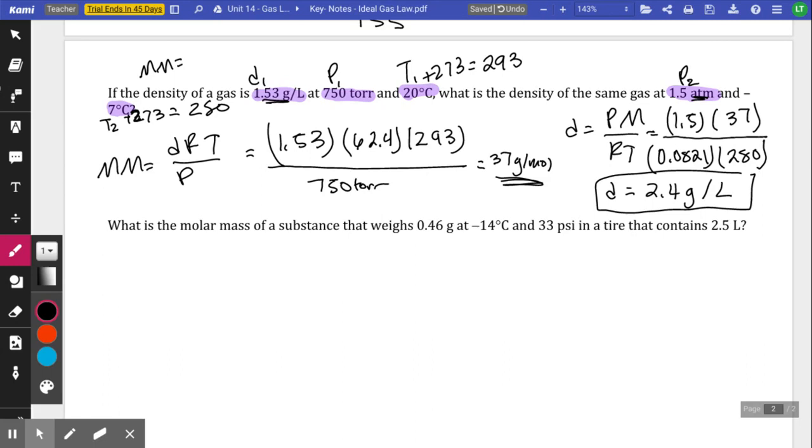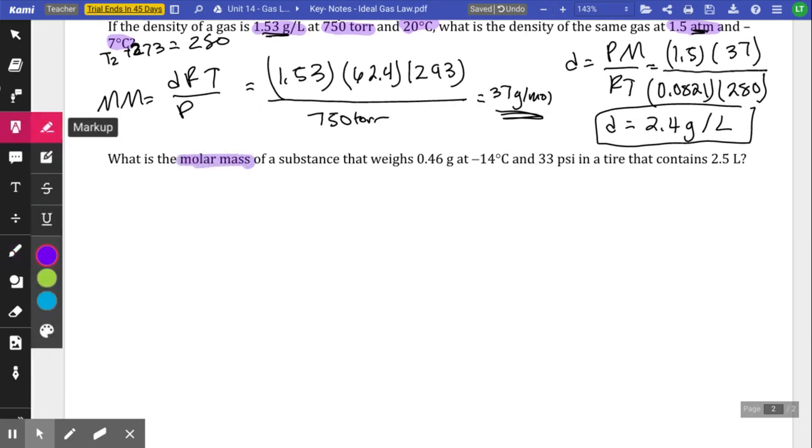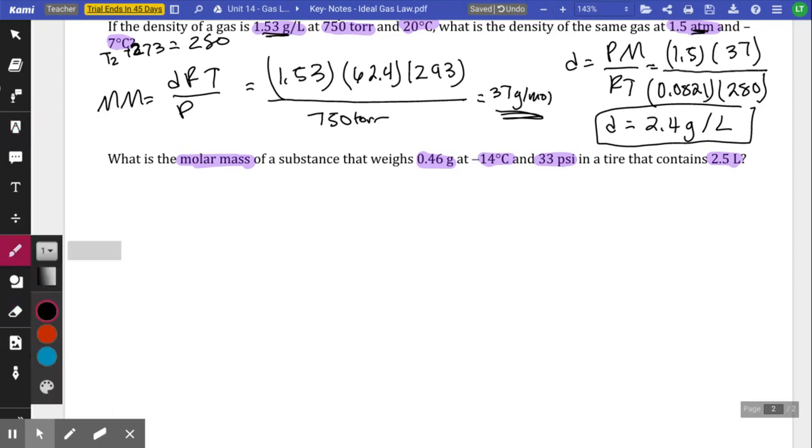All right, last one. This one says, what is the molar mass of a substance that weighs 0.46 grams at negative 14 degrees Celsius and 33 psi in a tire that contains 2.25 liters? So I want to know what my molar mass is, that's my unknown.